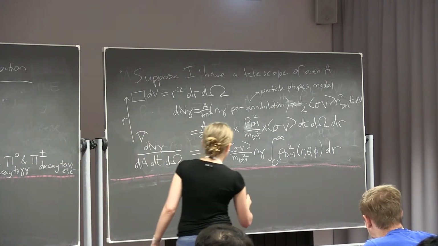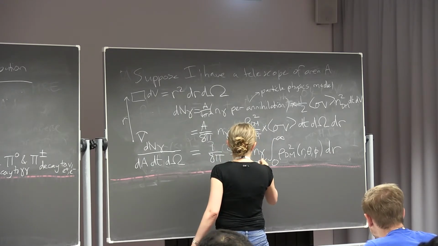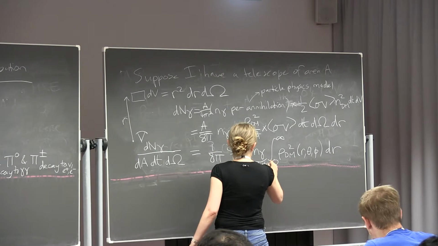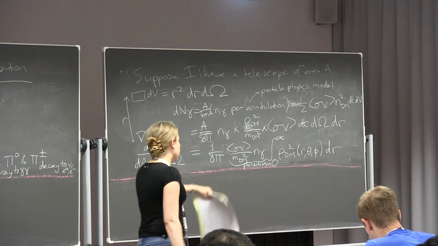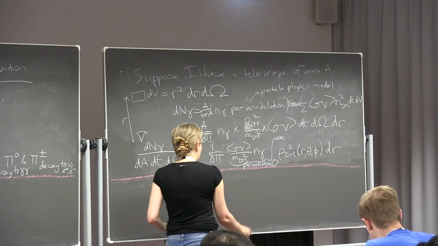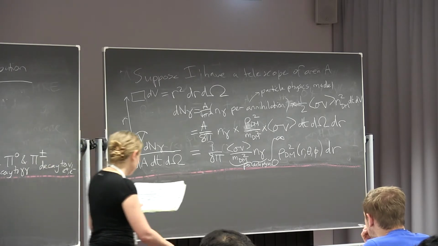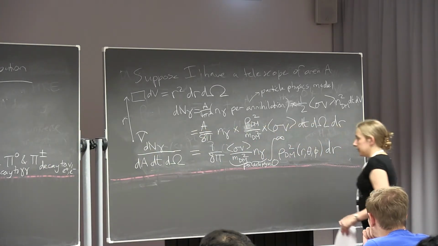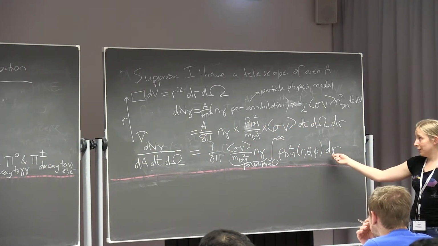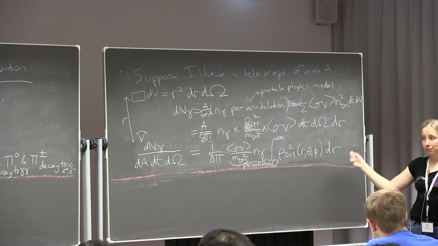The particle physics is encapsulated in these terms. These terms tell me how many photons I get per annihilation, what my overall annihilation rate is, and what the mass of the dark matter is. This rho_dm squared term encapsulates everything about the astrophysics, everything about the distribution of the dark matter.